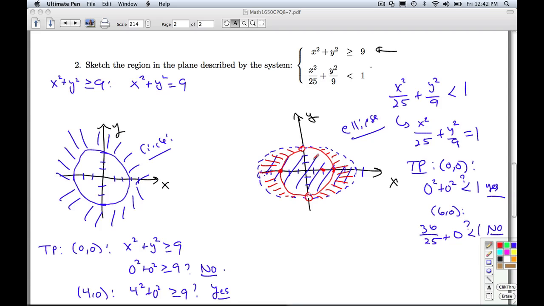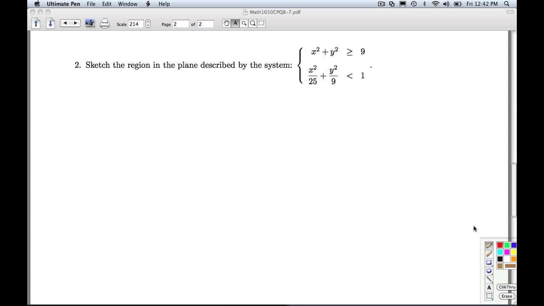Anyway, the thing we have to double check is if there's any other intersection points. So maybe the ellipse comes down here and cuts through the circle. Okay, so we don't know that from our sketch, so we have to check it. So we have to check for intersection. To check for intersection, we're back to looking at a system of nonlinear equations.